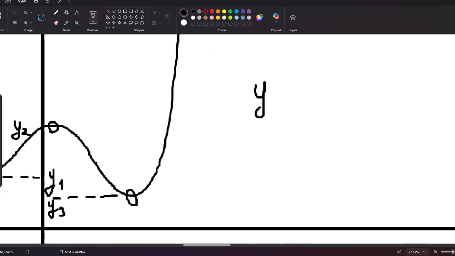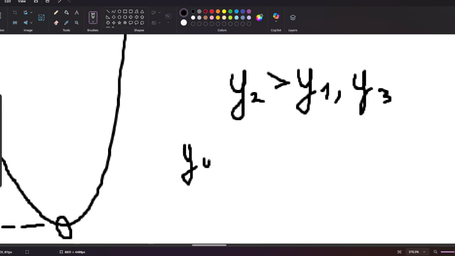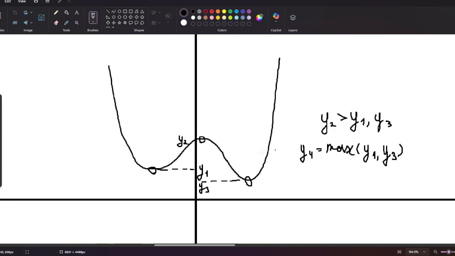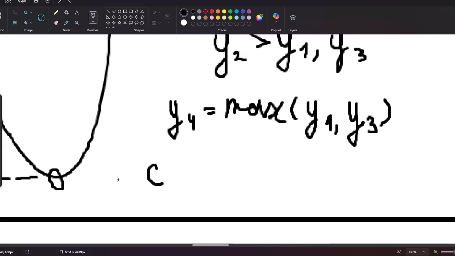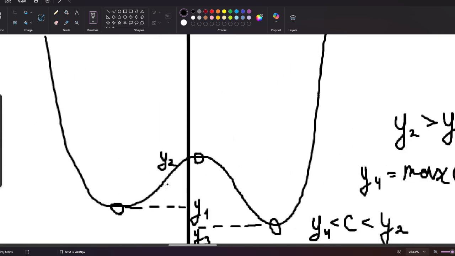Let's say that y2 is greater than y1 and y3, and let's say that y4 is the greater one out of y1 and y3. Now we can pick any point c between y4 and y2.